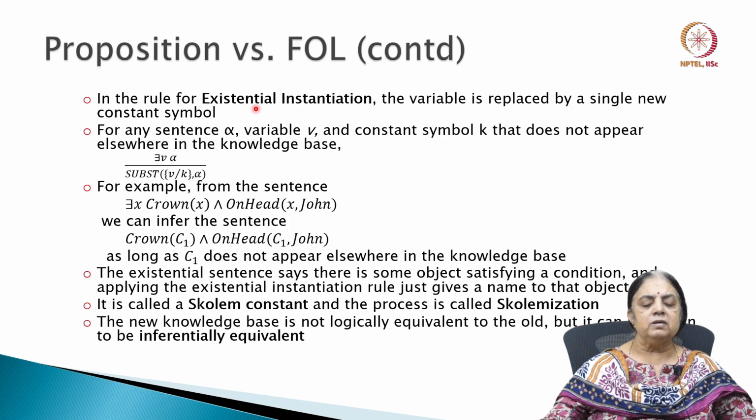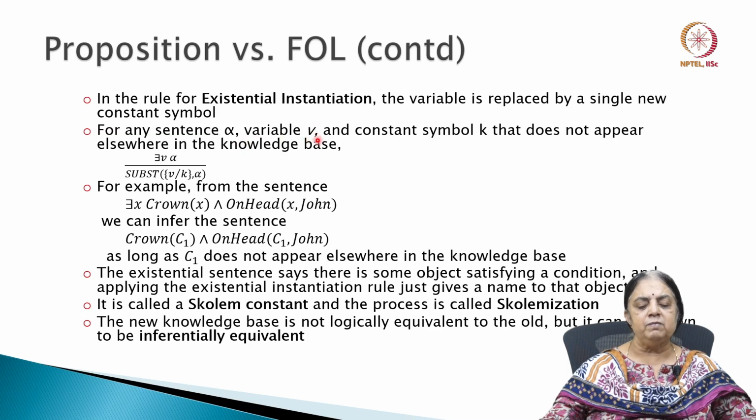And then for existential instantiation, what do you do? You have a variable, and you have to replace the variable by a constant symbol, and that constant symbol should not be used anywhere else in your knowledge base. Suppose you have a sentence alpha and a variable v.